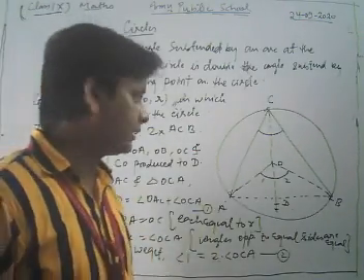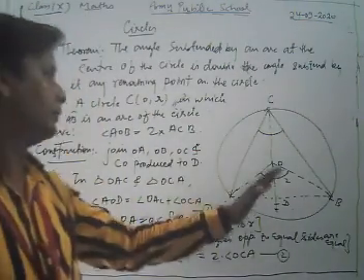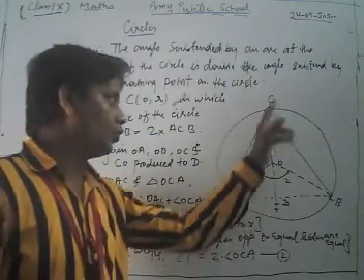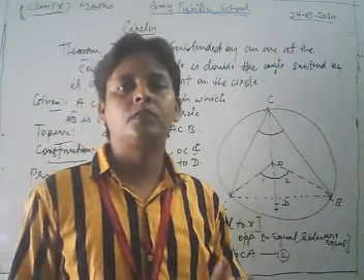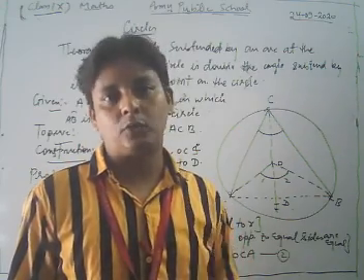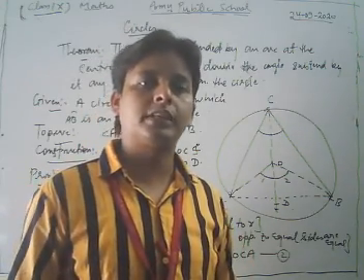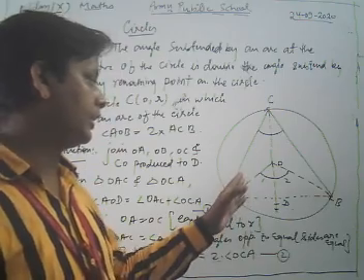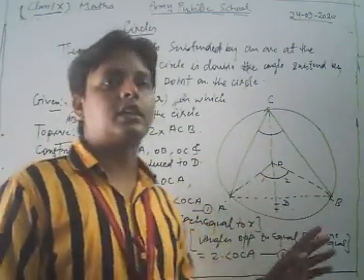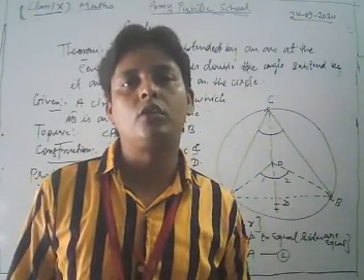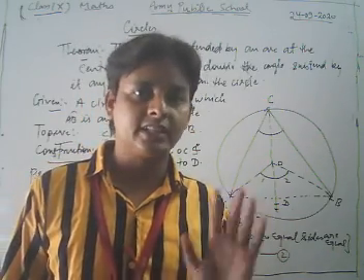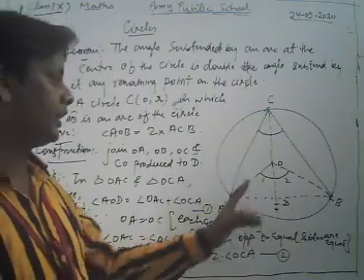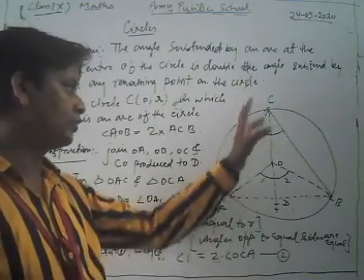Thus, dear student, let's see once more. First we take triangle OAC, and in that triangle we apply the exterior angle property. According to that property, the exterior angle is always equal to the sum of its opposite interior angles. So we get angle 1 is equal to angle OAC plus angle OCA.